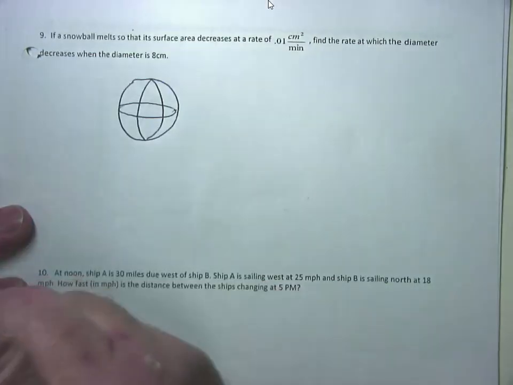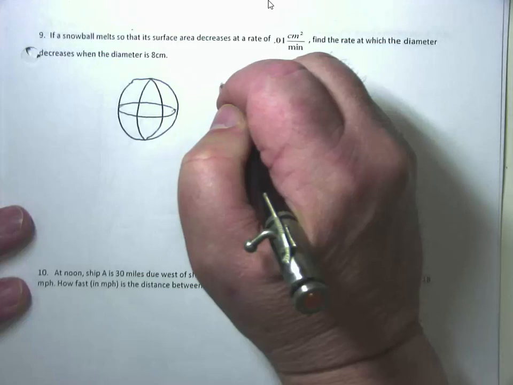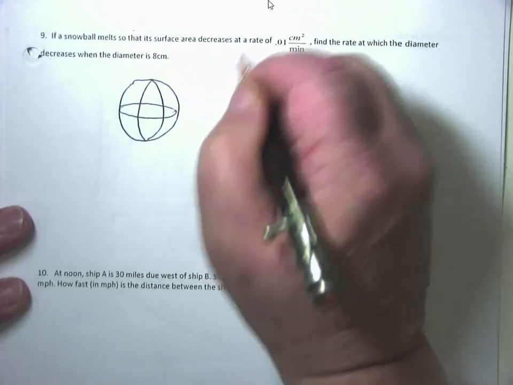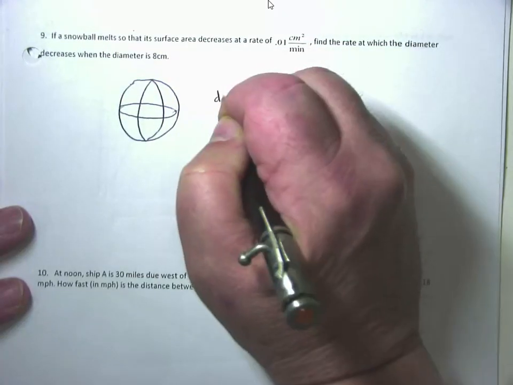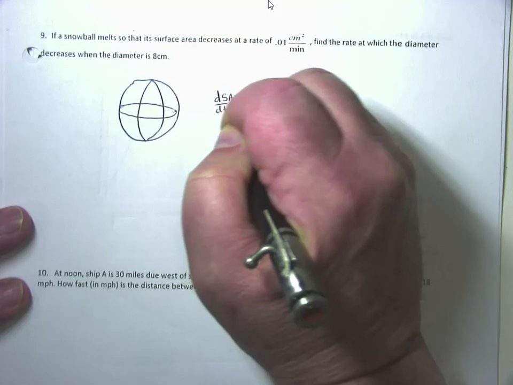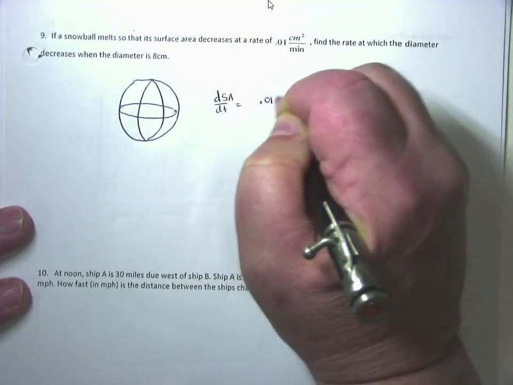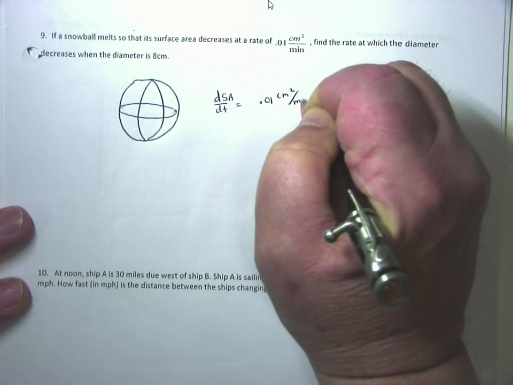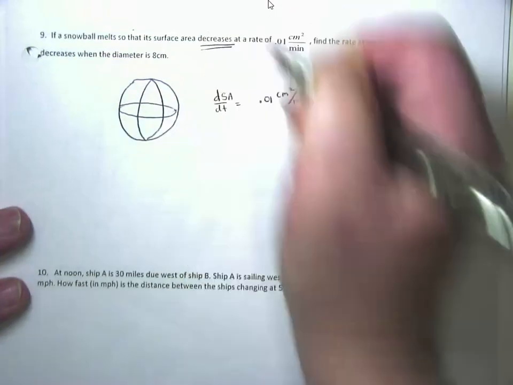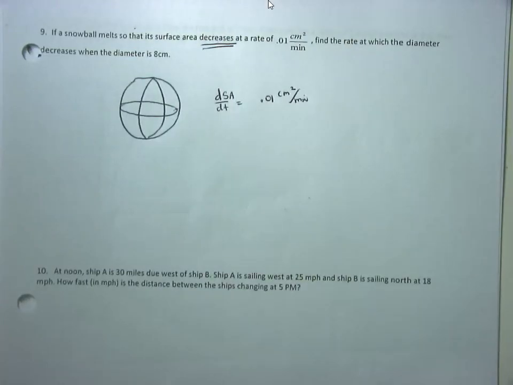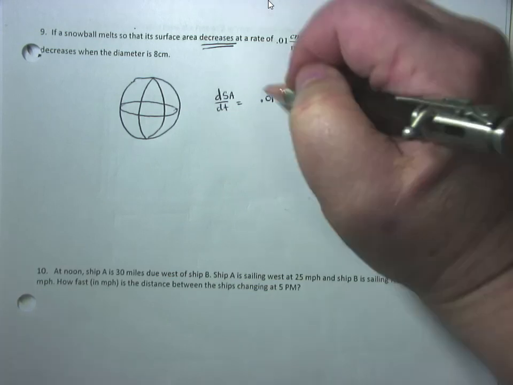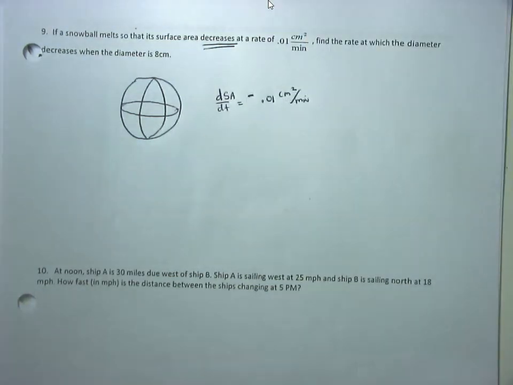A couple of things going on here. Surface area decreases, that's a rate, so rate means derivative. So this would be d surface area over dt equals 0.01 centimeters squared per minute. But what does that word decreases mean to you? Mathematically, negative. It's going down. Negative. Now, what are we looking for?